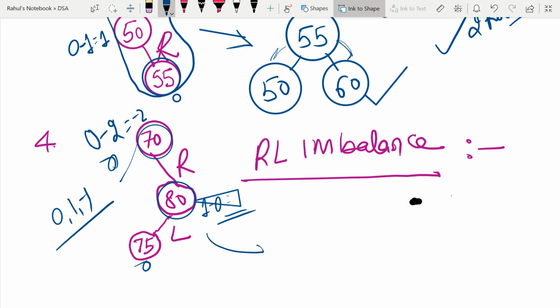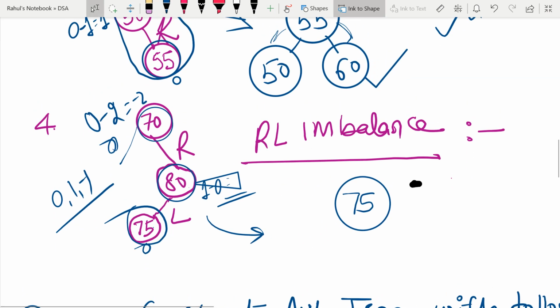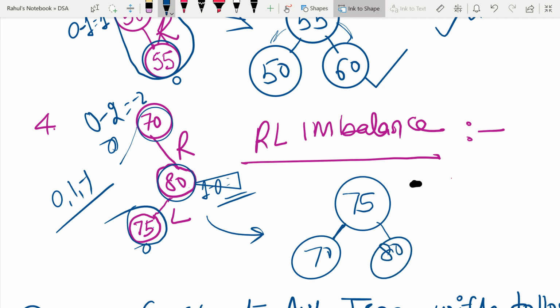So how do we resolve this imbalance? By using the rotation technique, we make the child node the parent node again. So 75, the grandchild node, becomes the parent node, and 70, which is lower than 75, becomes its left child, and 80, which is greater than 75, becomes its right child, because we are following the properties of BST as well as the balance factor.